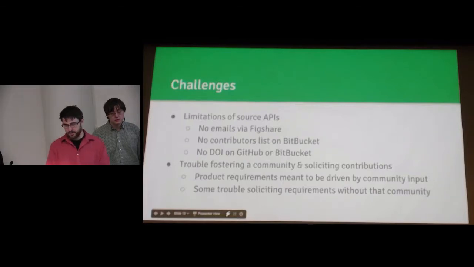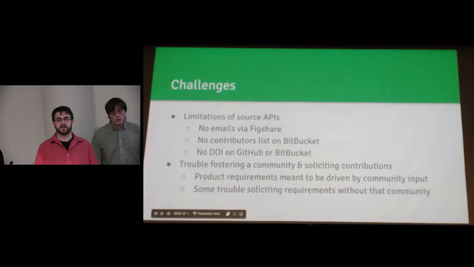In addition to the limitations of the APIs, we also had trouble fostering a community and soliciting contributions to the project. This was built as an open source project, and one of the main goals our sponsor had for us was to foster a community around this product. We were able to get some interest in using discussion issues on GitHub, and we got some feedback.